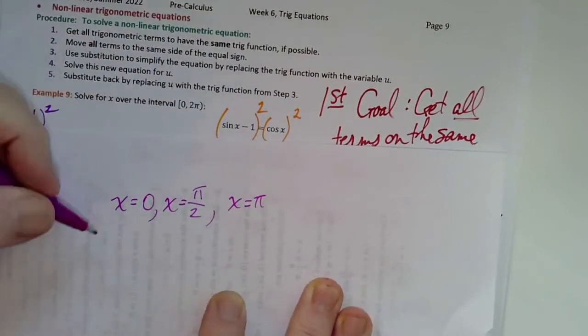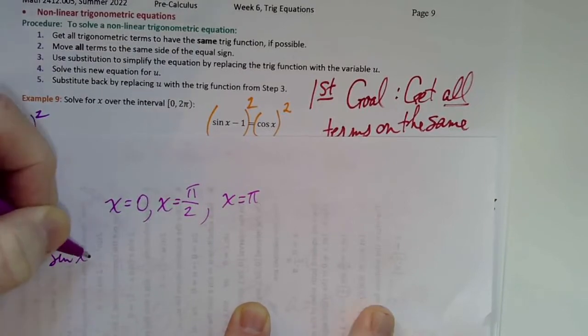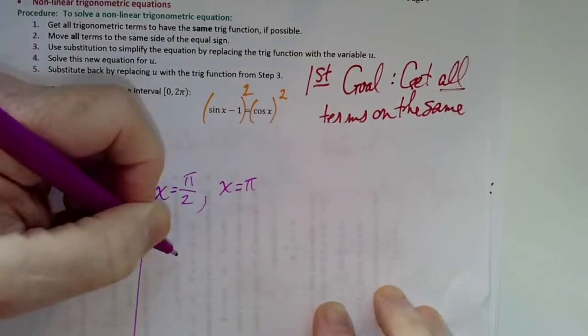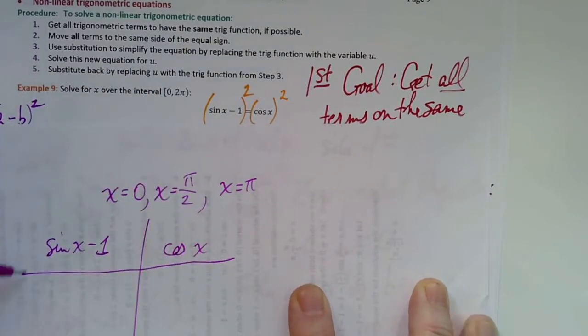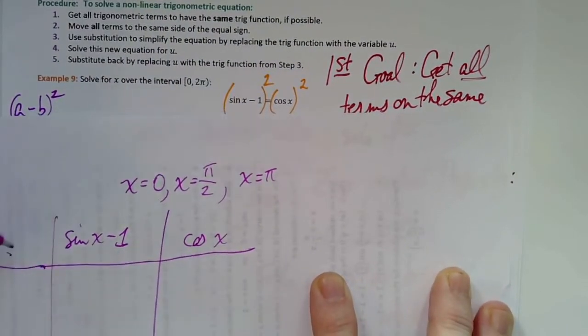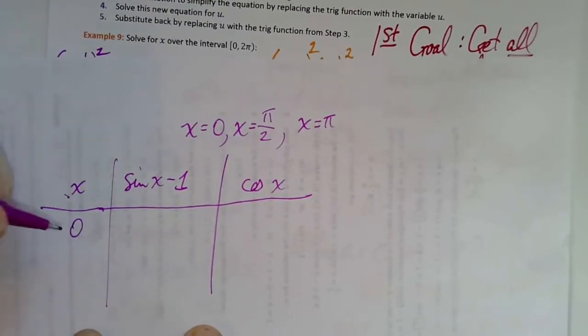Let's see. On the left, we have sine x minus 1. On the right, we have cosine x. And let's plug in our values for x. We have 0, pi over 2, and pi.